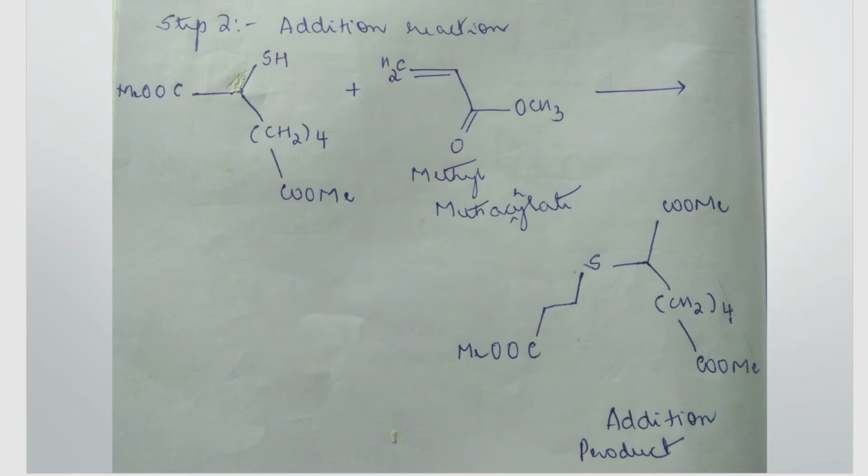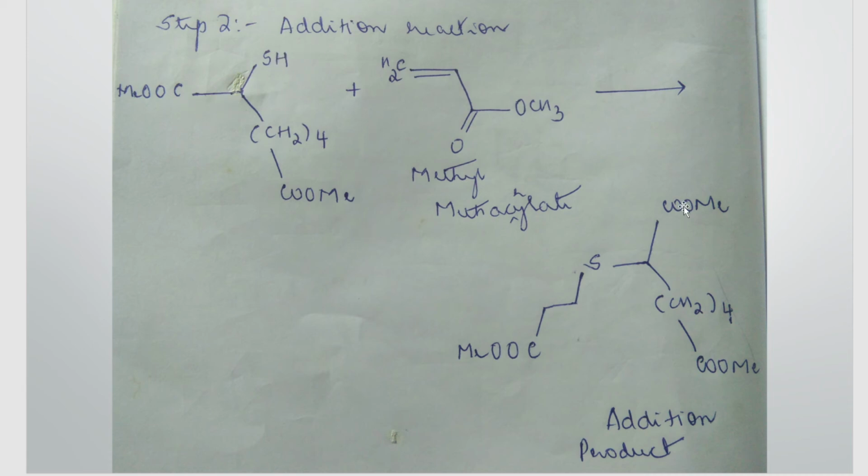Step number two is an addition reaction, where you treat the previous product that you got from step number one with methyl methacrylate. You need to know how to draw the structure of methyl methacrylate. When you treat it with methyl methacrylate, you get an addition product. Everything else remains as such, only this hydrogen is replaced. Rest everything you write as such.